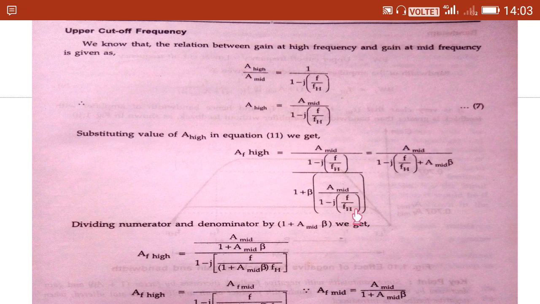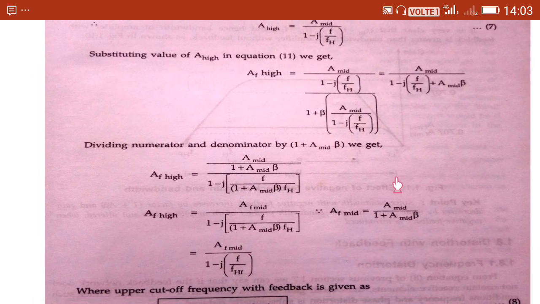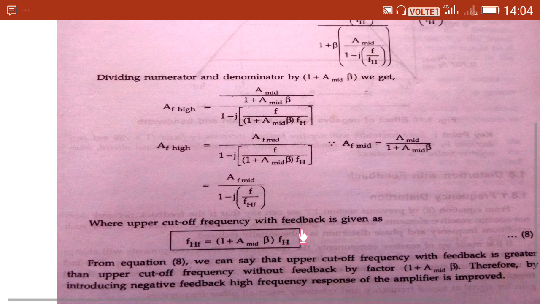Okay, now by doing the simple manipulations which are in front of you, you can easily observe and practice these manipulations. We can come to the conclusion that our FHF, meaning cutoff frequency with feedback, becomes equal to 1 plus A mid beta into FH.